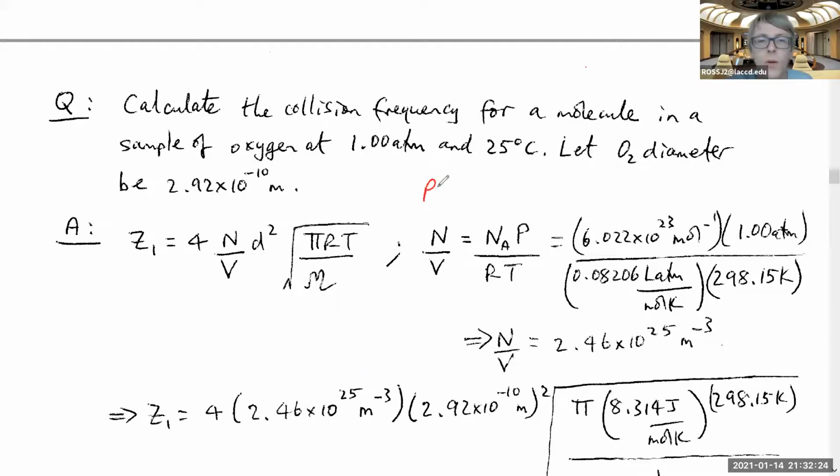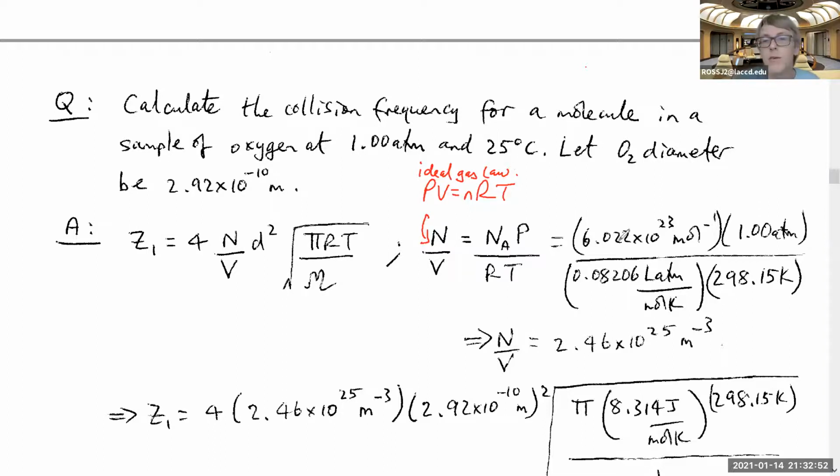So recall we've got PV is nRT. So you can see that's where this comes from here. You can just manipulate that a little bit and you'll see that's where it comes from.